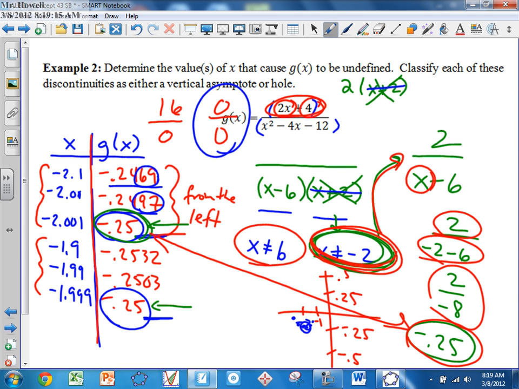If you use the method and you get 0 over 0 and you haven't factored yet, to get the -2.5, you're going to have to factor. You're going to have to cancel your factors like that. Then you're going to have to plug that number into what remains. So either way, you're going to have to factor. Okay? I'm just telling you guys where the word indeterminate comes from. It comes from 0 over 0.